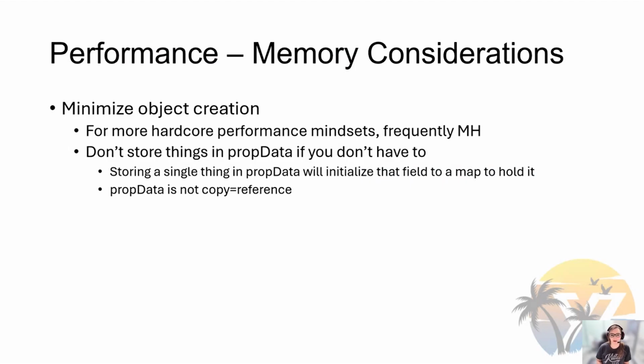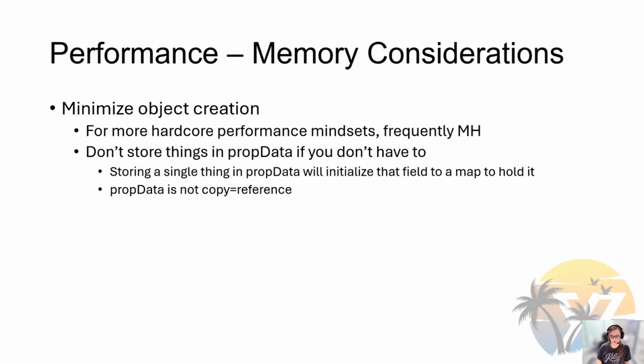The prop data field is not copy reference. So if you have 200,000 snappers in your warehouse drawing and a material handling drawing, and all of your bays and all of your unit loads are the exact same snapper, and you just copied and pasted it to fill it all out, the prop data field is not copy reference.